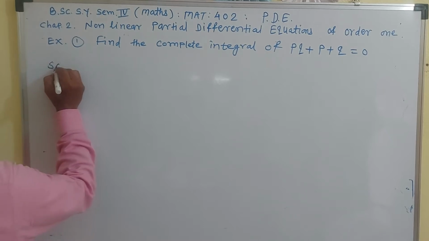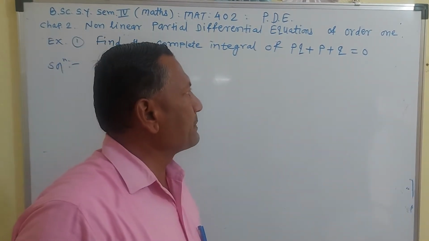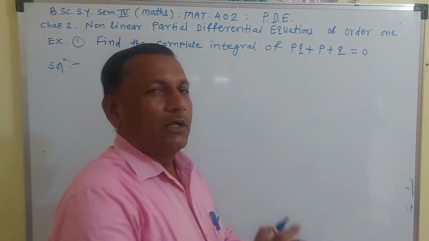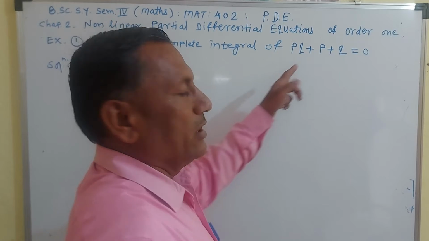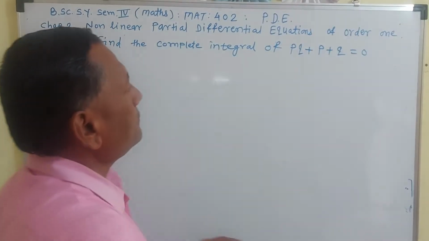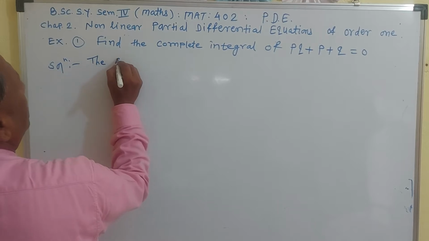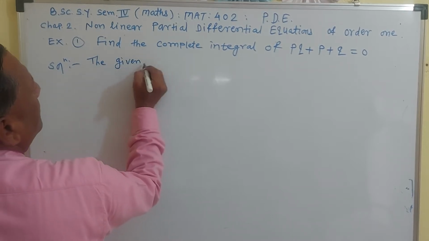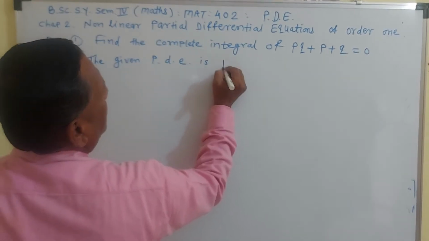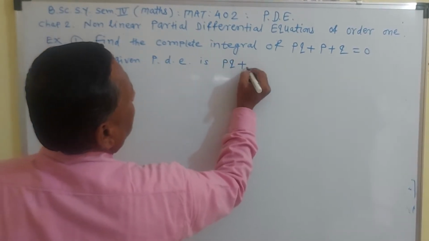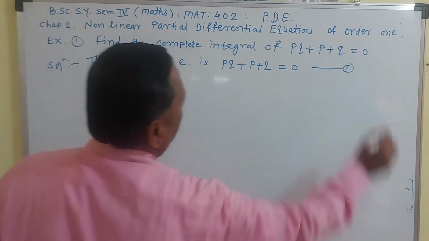Solution. Now you observe that in pq plus p plus q is equal to 0, there is no term of x, no term of y and there is no z. The given partial differential equation is pq plus p plus q is equal to 0.